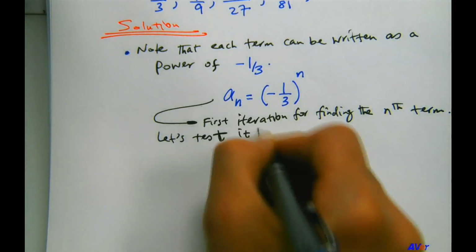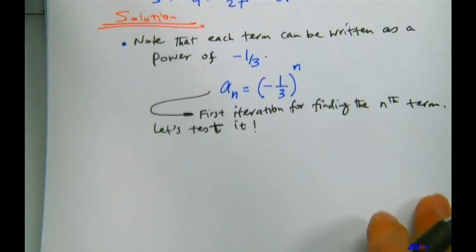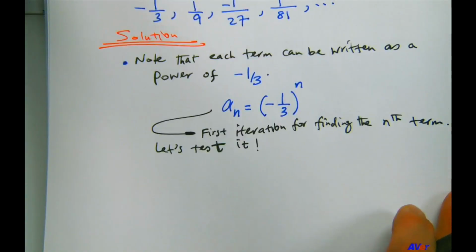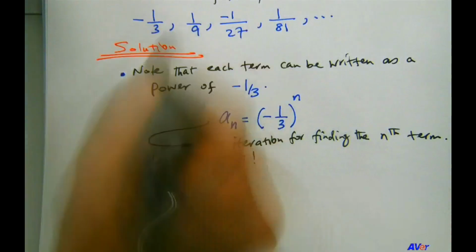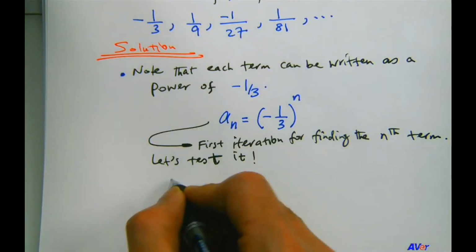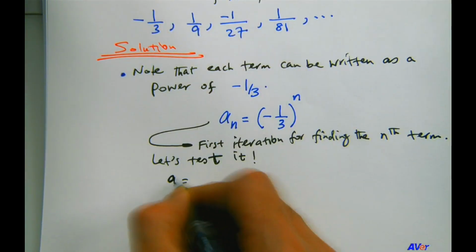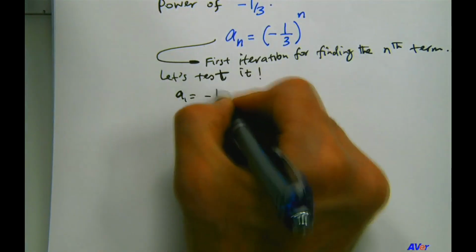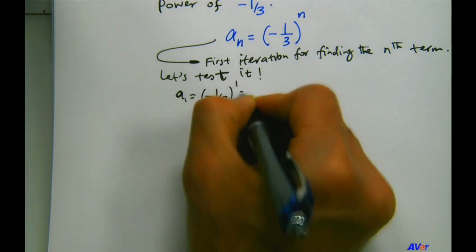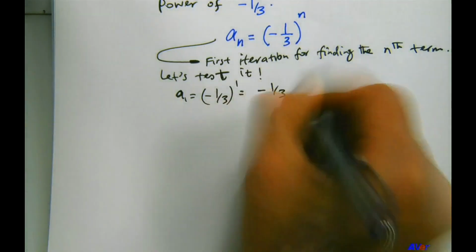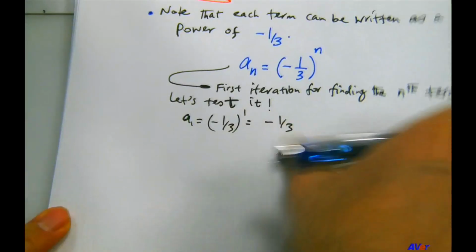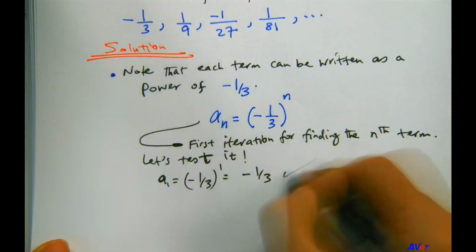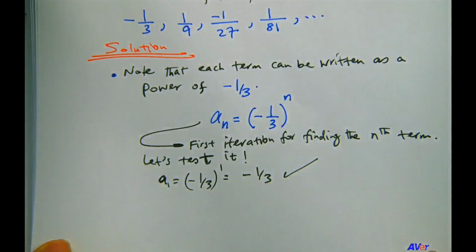Let's test it, and we test it by trying to find individual elements. So A1 would be minus 1/3 to the first power, minus 1/3. Let me move this down so you can see. Does this check out? Yes. We're okay. So let's see if we're going to get the second number.